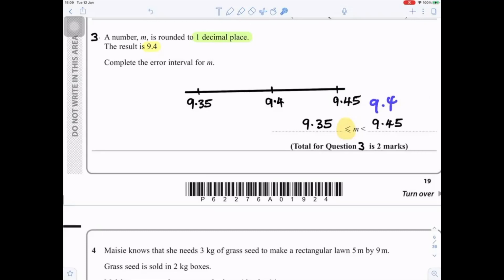It's 9.49999 carries on. So that's why we have this sign less than. It is not 9.45. So you write it as 9.35 less than or equals to x less than 9.45. That means it includes 9.35, but does not include 9.45. It includes a number just below 9.45.